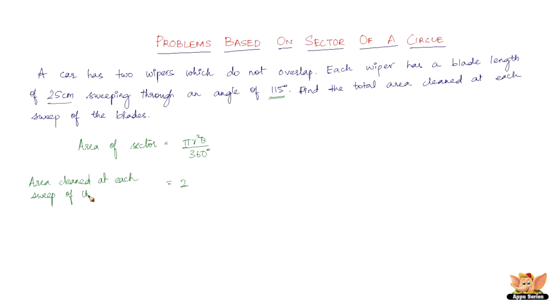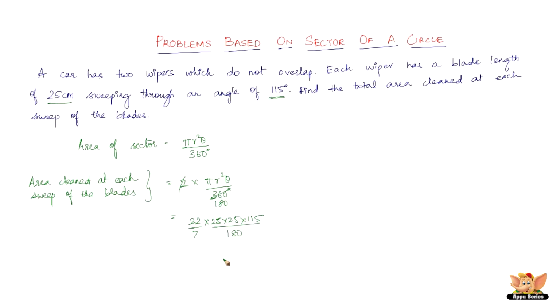the area cleaned at each sweep of the blades equals 2 times pi r squared theta by 360 degrees, which is, here 2 goes 180 times here. So we've got 22 by 7 multiplied by r squared. R is 25, so 25 times 25 times theta is 115 over 180.